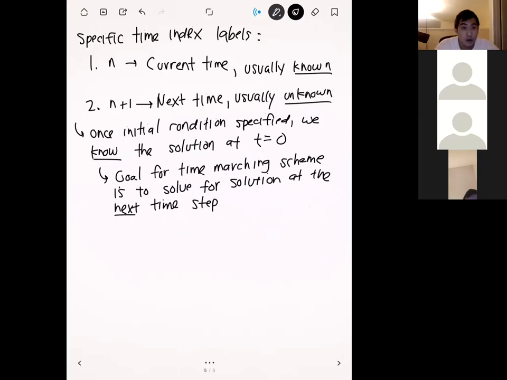Or in other words, we're going to have situations that look like this. What we have on the left-hand side of the equal sign here is the solution at the next time step. And this is what we want to solve for.